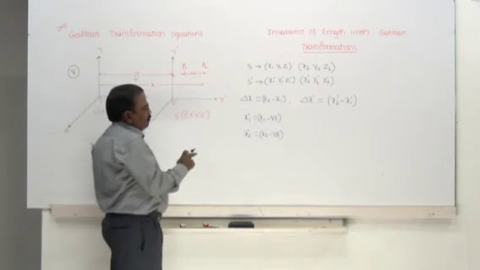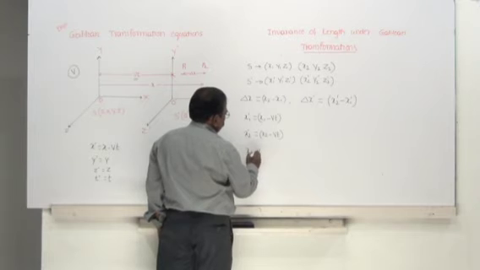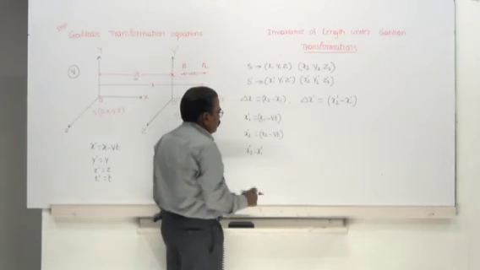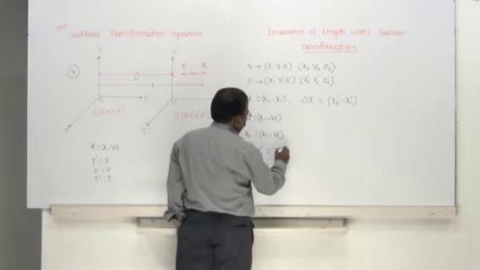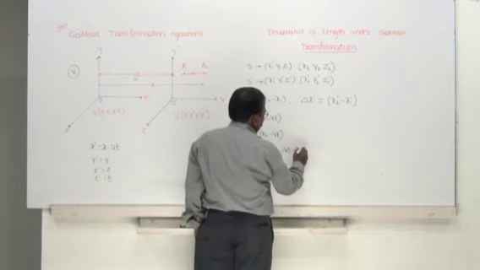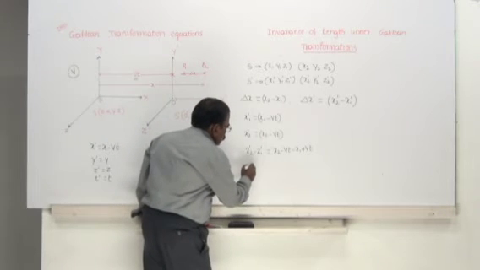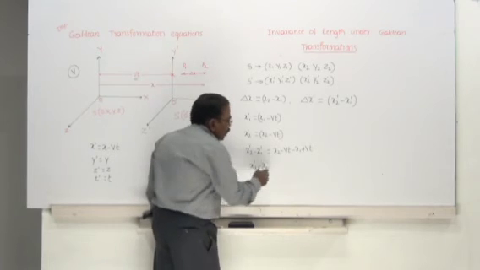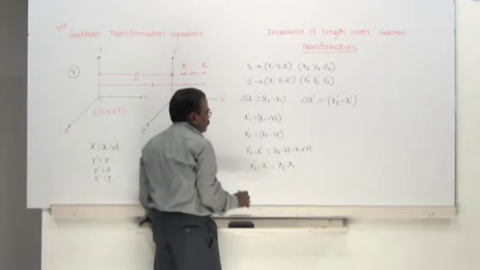And now x2 dash minus x1 dash is equal to (x2 minus vt) minus (x1 plus vt)... or this is x2 dash minus x1 dash is equal to x2 minus x1.